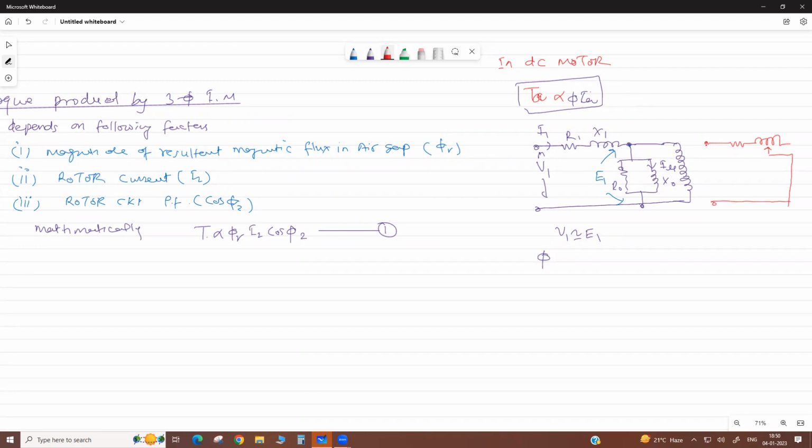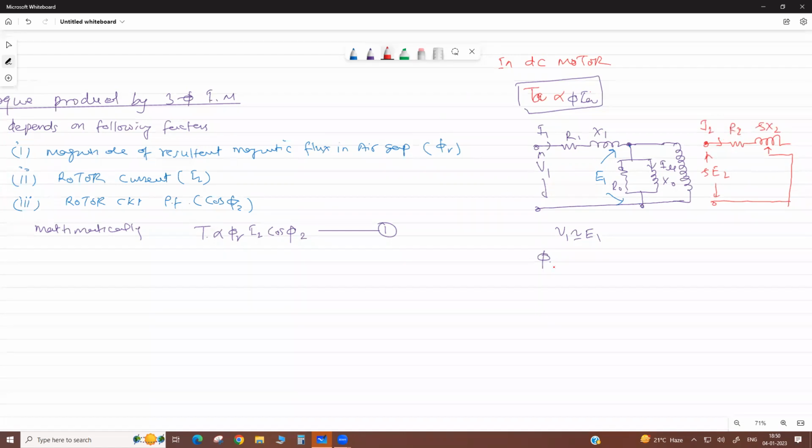So here this is the induced voltage, then this is your I2, R2, X2.